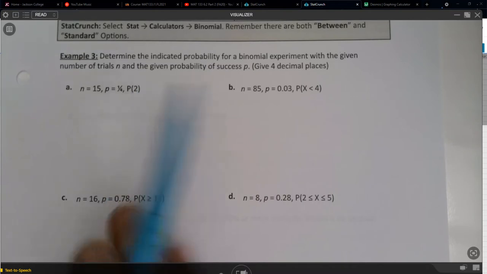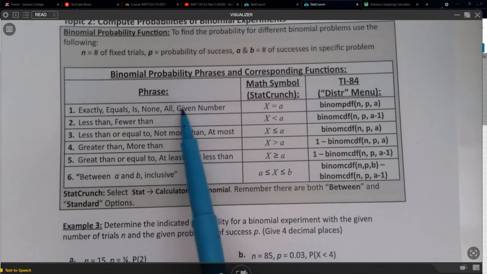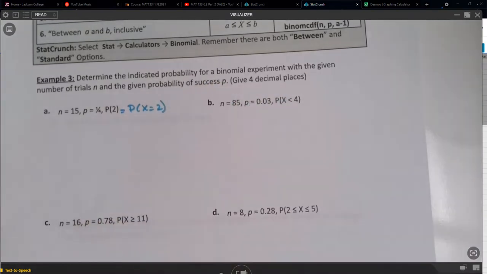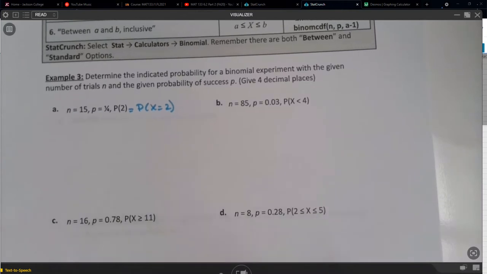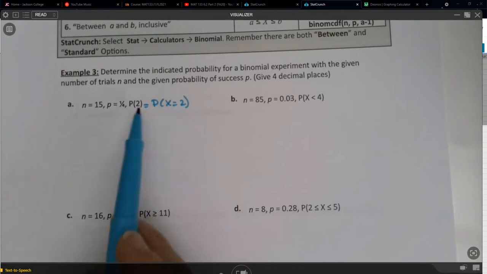So when I look back up here, 2 is a given number. It's implying, really, that they want the probability that x is equal to 2. It's just that, like most mathematical problems, we get lazy about it and we don't always write everything. So we just didn't bother to write the x equals, but that's what it means. They're giving you the number 2, so they want 2 successes.